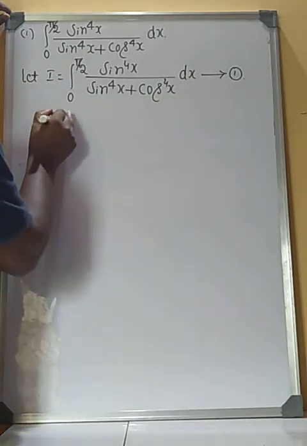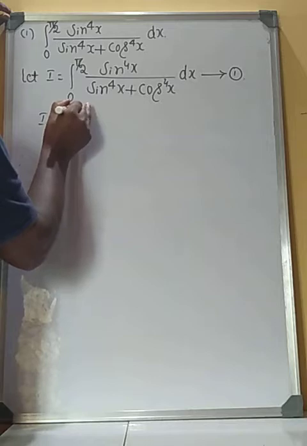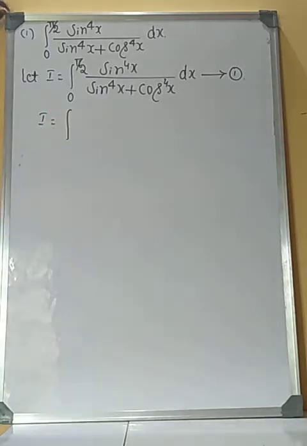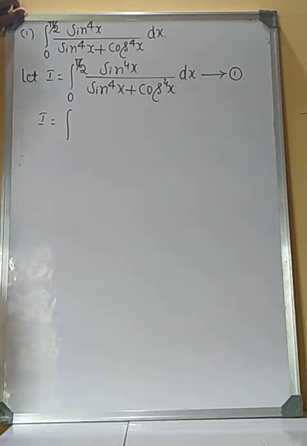Therefore, I is equal to, by using property 5, the integral from 0 to a of f(x) dx is equal to the integral from 0 to a of f(a minus x) dx.